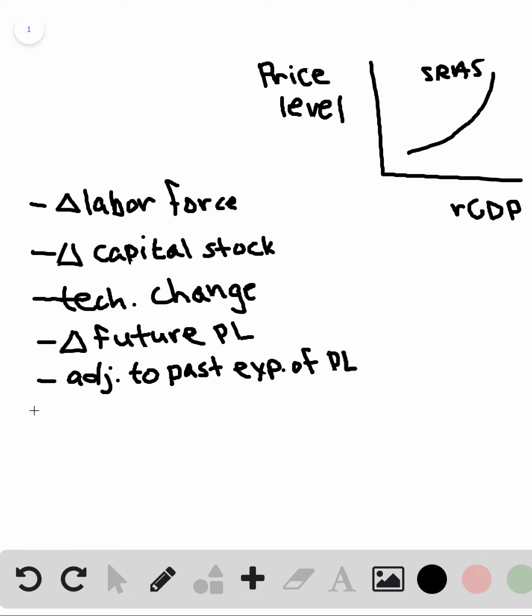And then we also have an unexpected change in the price of important natural resources. So an unexpected change in the price of natural resources. All right, and we're just going to stick that under there.